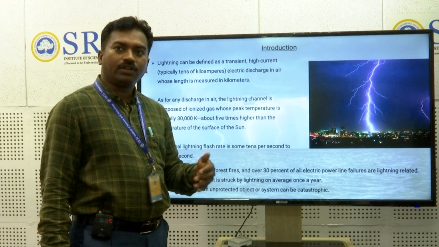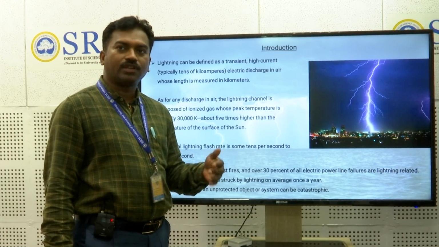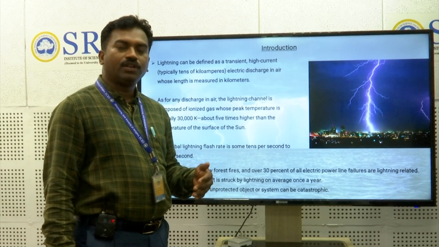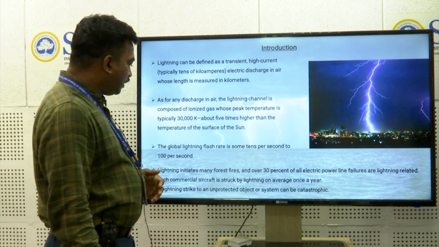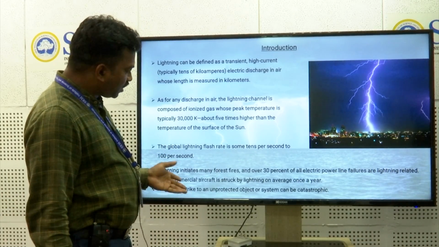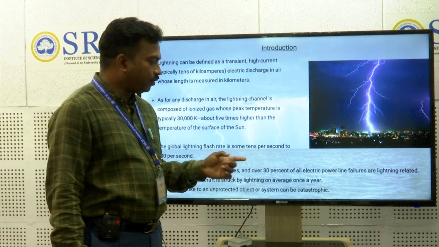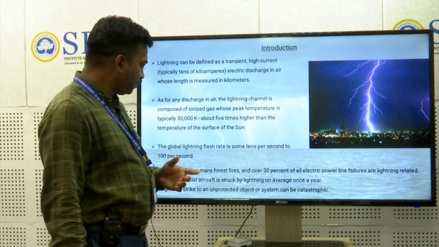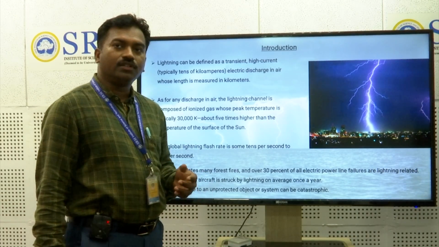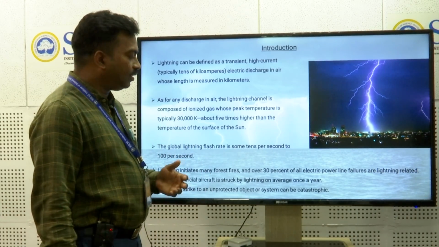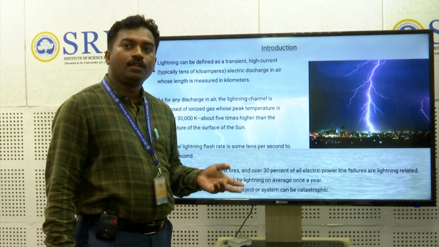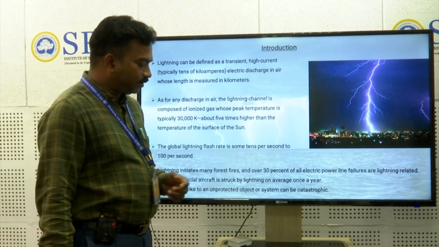Whatever is happening during the monsoon times is actually lightning related. Each commercial aircraft is struck by lightning on average at least once a year. When there is no protection system for lightning, it leads to catastrophic consequences.